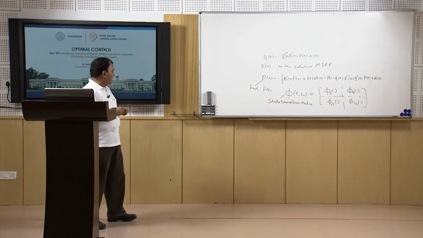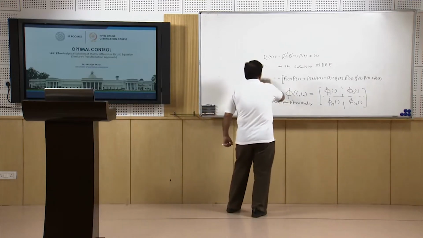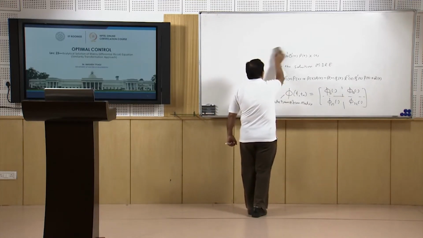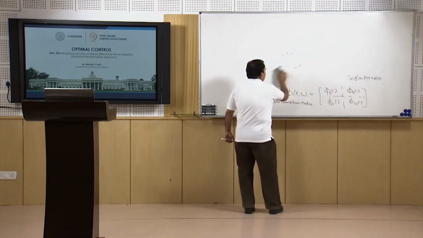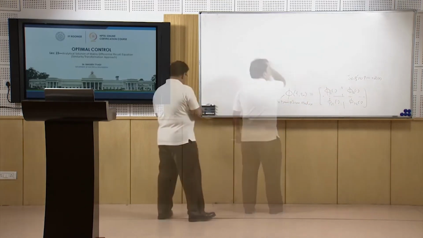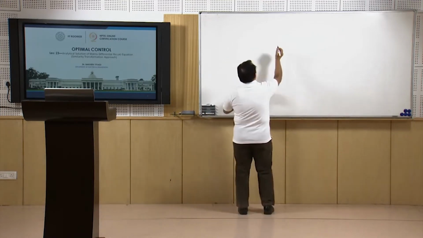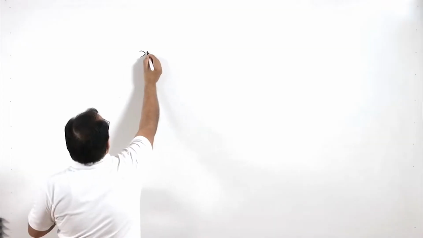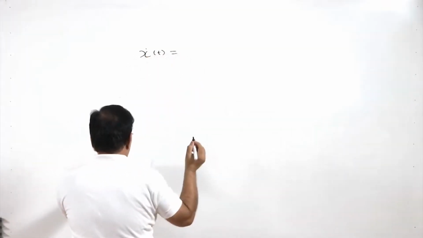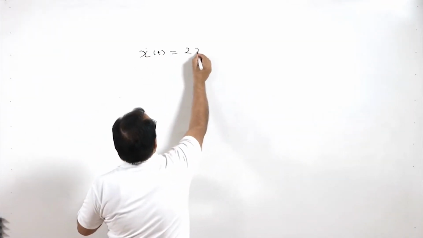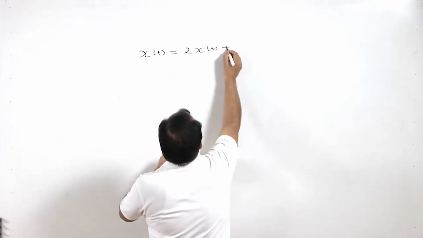First we will see the application of this, taking a very simple example and see how it can be utilized to find out the matrix P(t). We take the same example which we have discussed before. We have a plant given as x dot(t) equal to 2x(t) plus u(t).